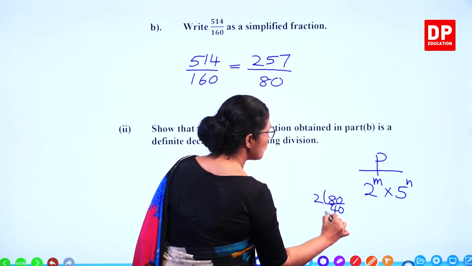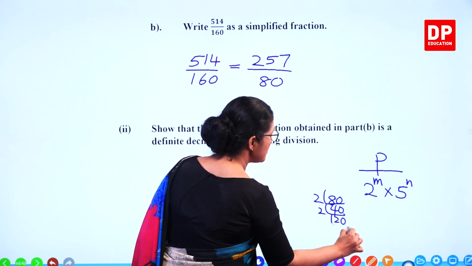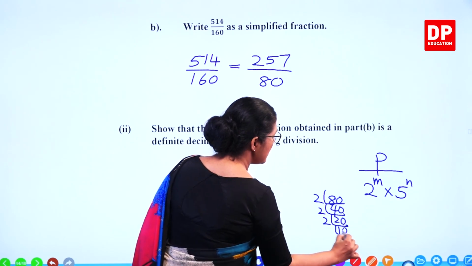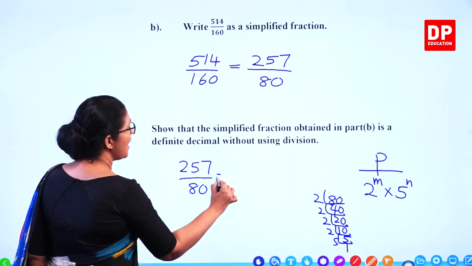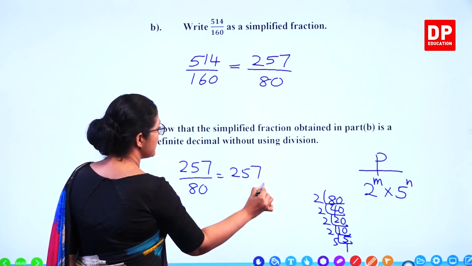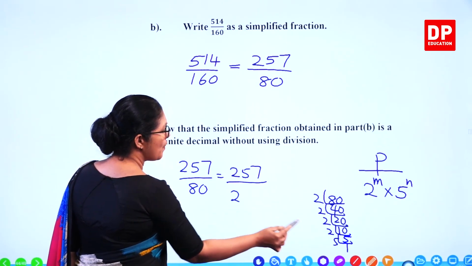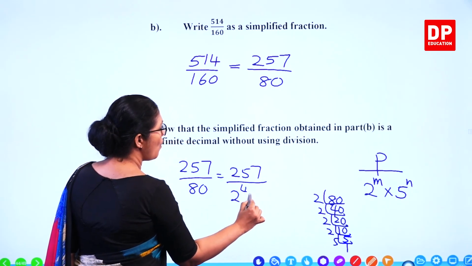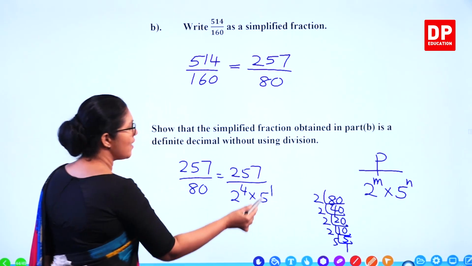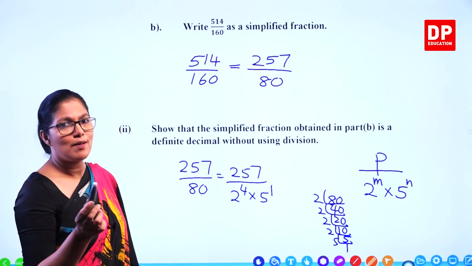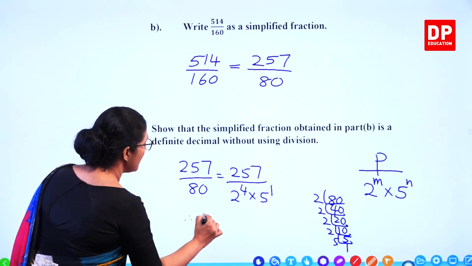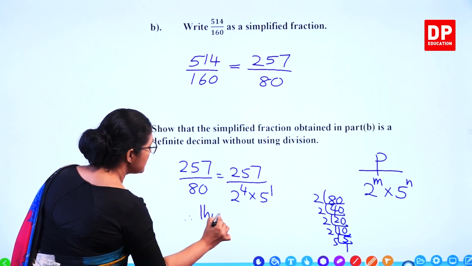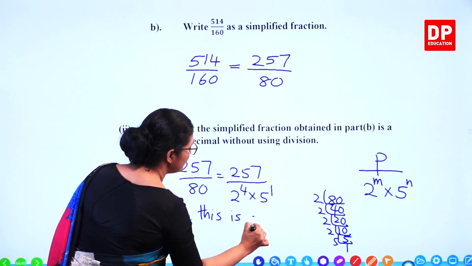Divide by 2, divide by 2, you get 20, 2 again, 10, divide by 2, 5, 5 and 1. We can write 80 as 2 to the power 4 times 5 to the power 1. You can write it in terms of base 2 and base 5. So therefore, this is a definite decimal.